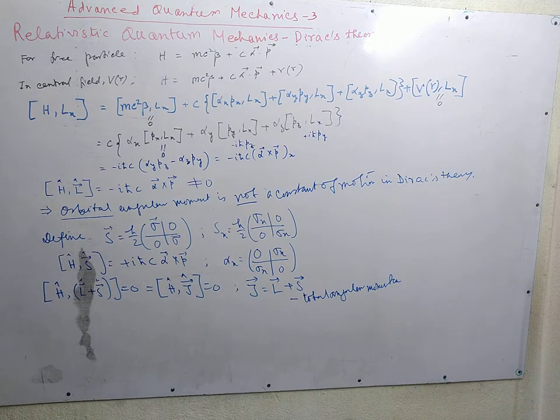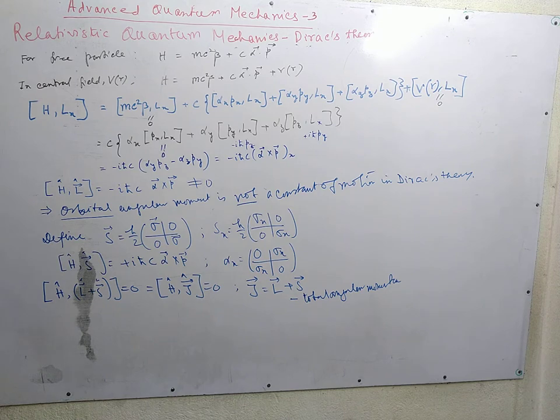So our conclusion is that the orbital angular momentum is not a constant of motion in Dirac theory, and we have to add some quantity to the orbital angular momentum so that the resultant quantity becomes a constant of motion. The quantity that has to be added is known as the spin operator already introduced. So we define total angular momentum J as the sum of the orbital angular momentum and the spin angular momentum.